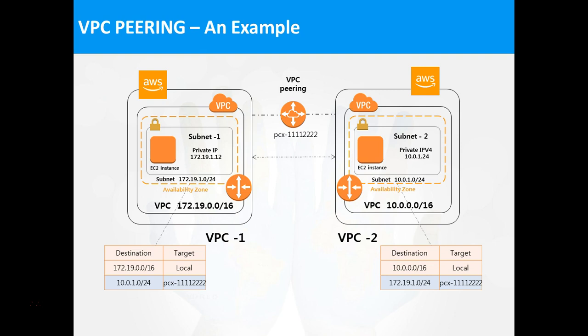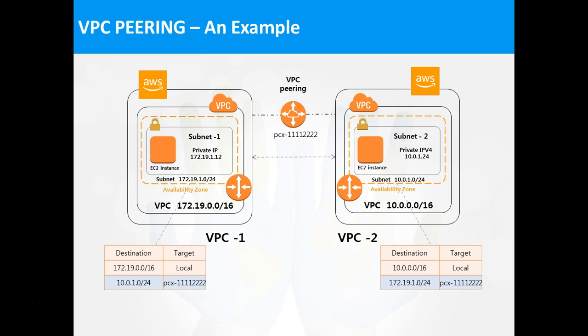Here is an architecture for VPC peering connections. Here in this example, we have peered two VPCs straight together. These two VPCs can be in the same region or in different regions. They can be in the same account or in different accounts. Either one of the VPCs will act as a master or the requester, and the other one will be the slave or the acceptor.